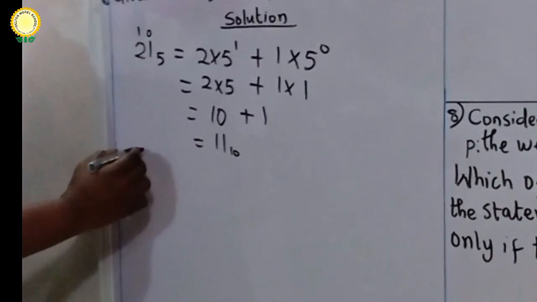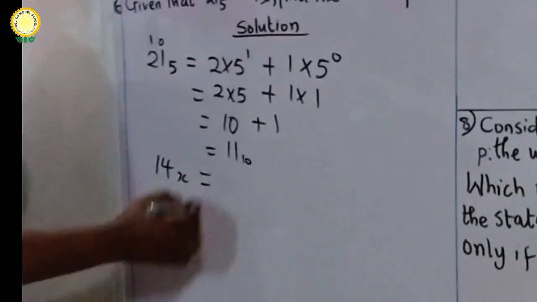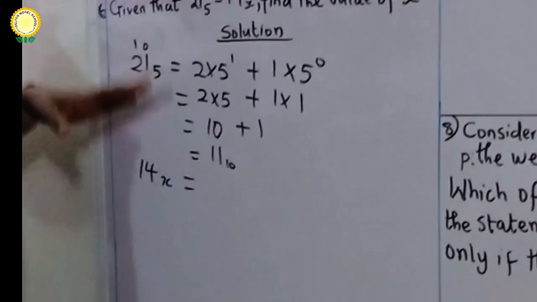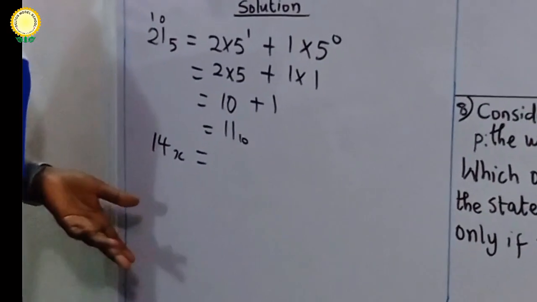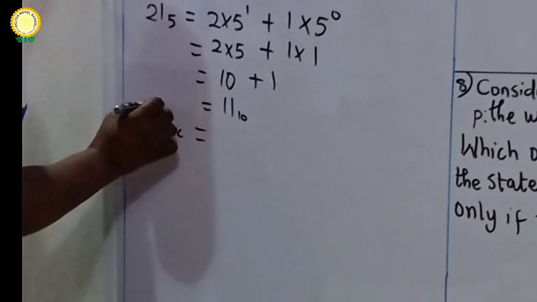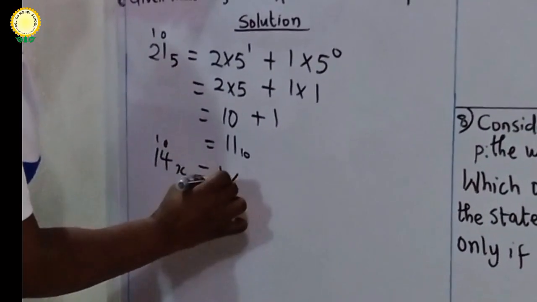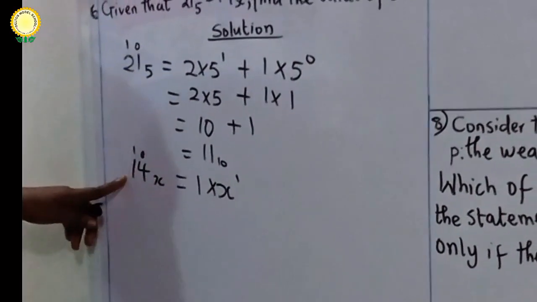Then the next one says 14 to base x. Because we don't know what this base is, anywhere we're supposed to put the base, you put the value x. So put the powers 0 and 1. We have 1 times x raised to power 1 plus 4 times x raised to power 0.